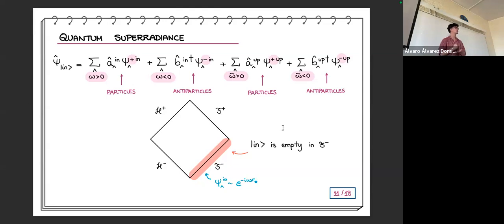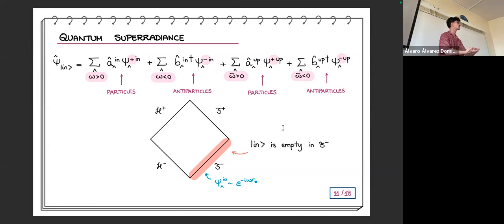So the quantum vacuum that we are going to call the in vacuum has a physical property. The physical property that it has is that it's empty in scri minus. It doesn't have particles in scri minus. Why? Because remember that the in modes behave like plane waves there. So it preserves what happens in Minkowski spacetime. And in Minkowski spacetime, you have one vacuum and that's it.